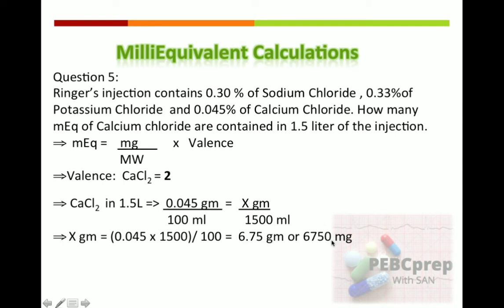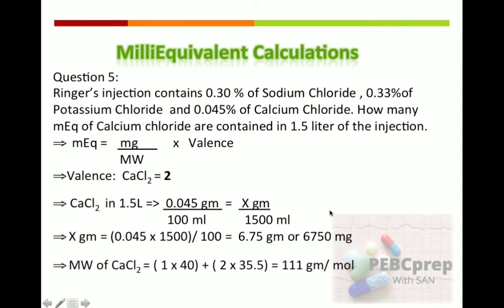When we convert it into milligrams, it will be 6750 milligrams. Then the molecular weight of calcium chloride is 1 × 40 plus 2 × 35.5, and we got 111 grams per mole, or 111 milligrams per millimole.